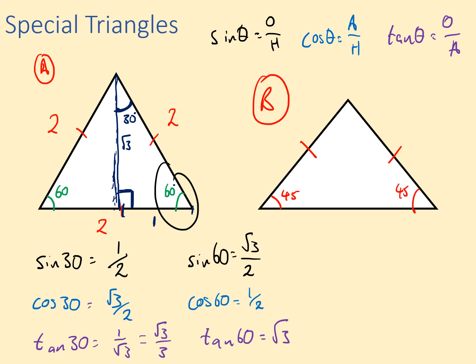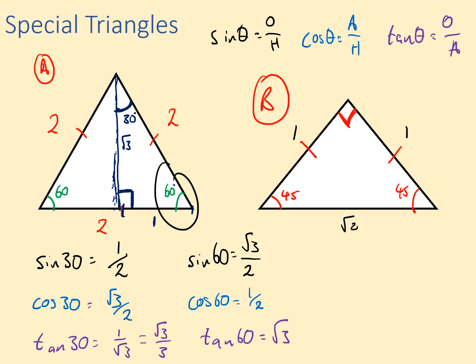If it's got base angles of 45 degrees, that makes the other angle 90 degrees. And then I'm going to set it up so that the two equal sides of this isosceles triangle are 1. And if it's right angled, 1 squared plus 1 squared is 2. And so the hypotenuse here is root 2, the square root of 2.